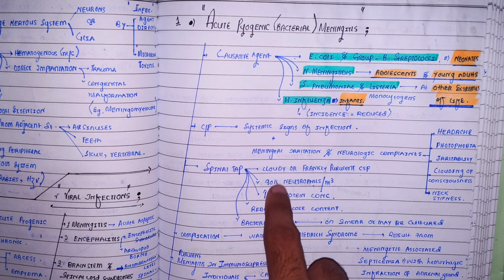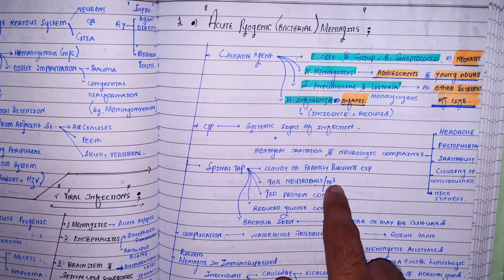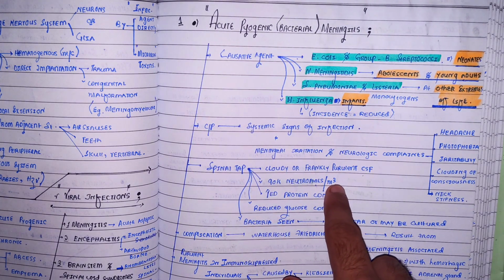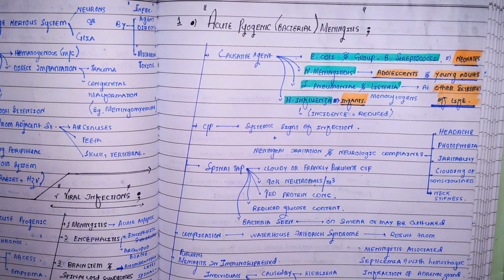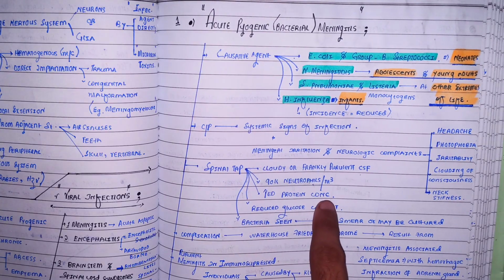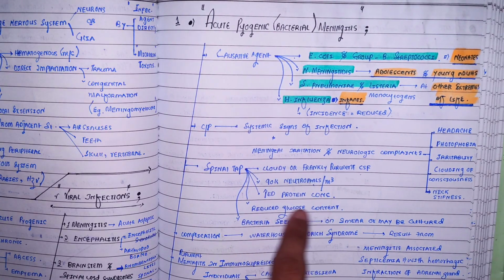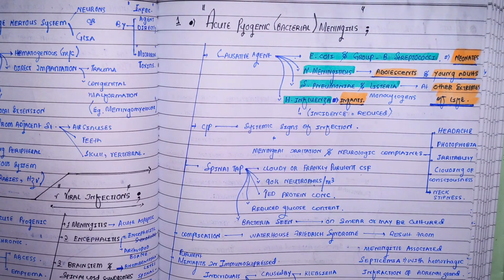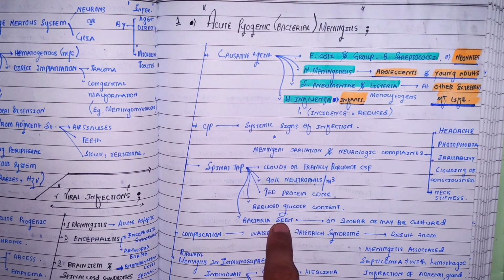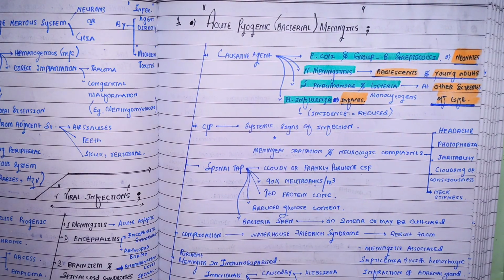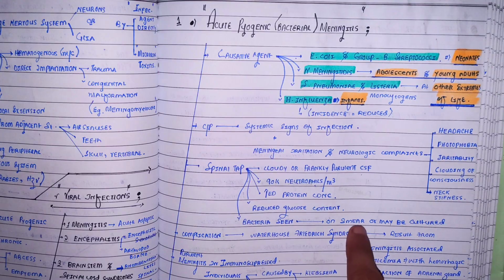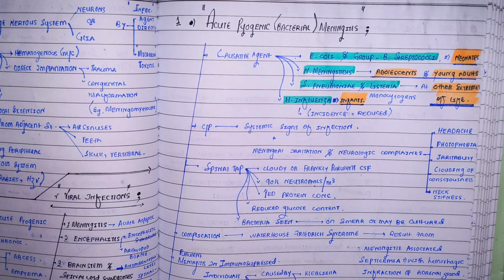You will find at least 90,000 neutrophils per cubic meter of the CSF, a sign of acute inflammation. There is increased protein concentration in the CSF, and the glucose content is relatively reduced. The bacteria can be seen inside the CSF on smear or culture. Do the CSF culture and you will see bacteria in it.